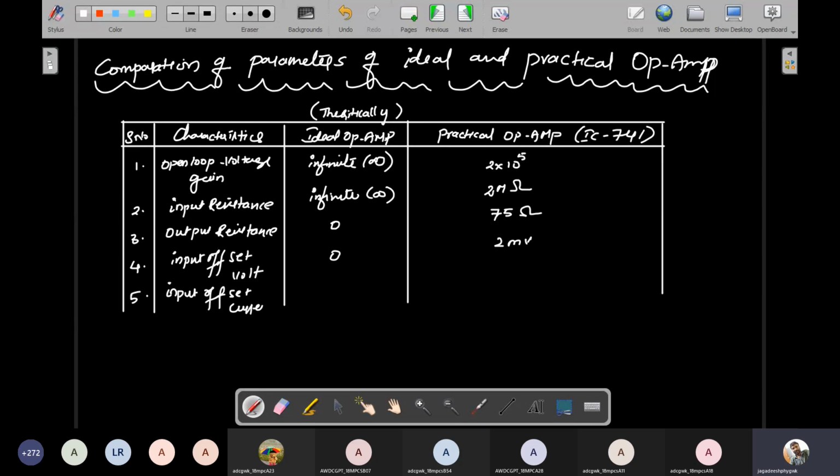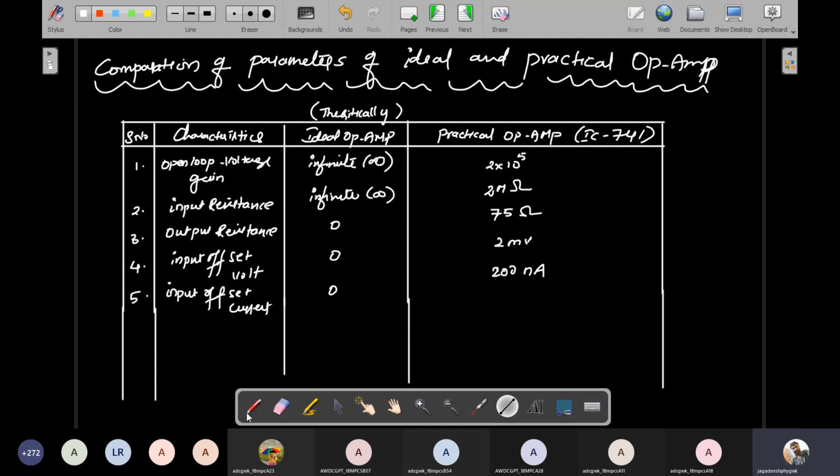Theoretically it shows 0, but practically it shows 200 nano amperes, not seconds. 200 nano amperes. Okay. So I extended this chart for further values. It's also an important chart. Please note everybody.